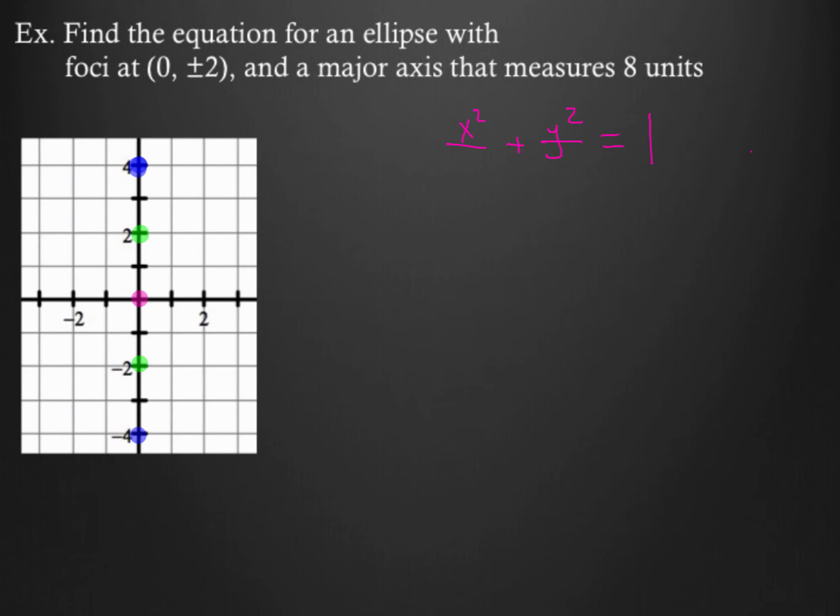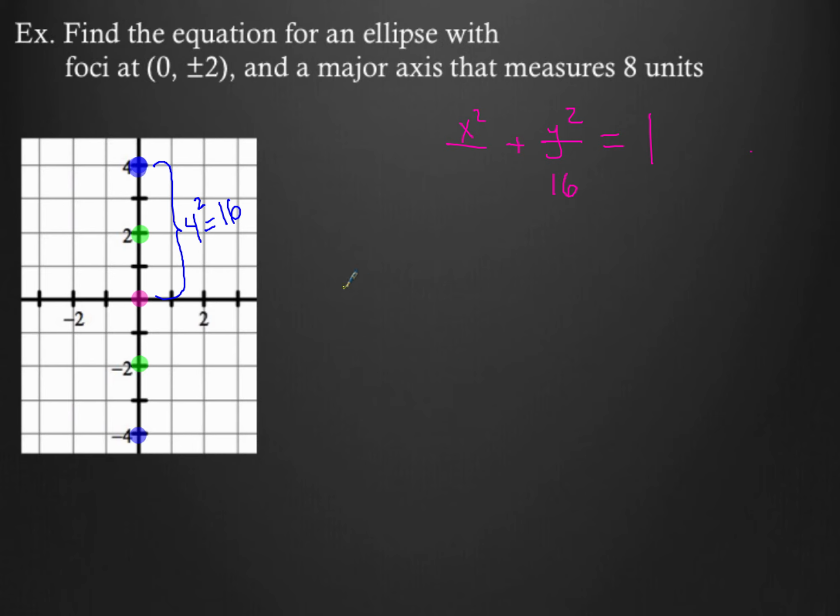We already found that distance was 4, so 4 squared has a value of 16. That's going to go underneath the y squared term. So I just have to figure out what the b squared is.